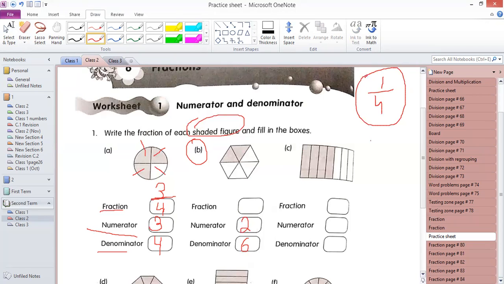What number should I write down? I should write 6 up. Then what number should I write down?